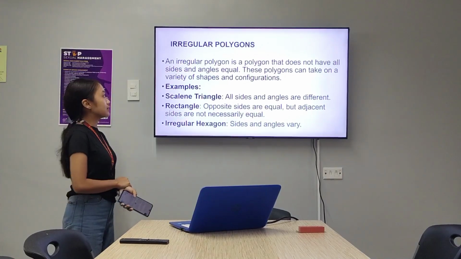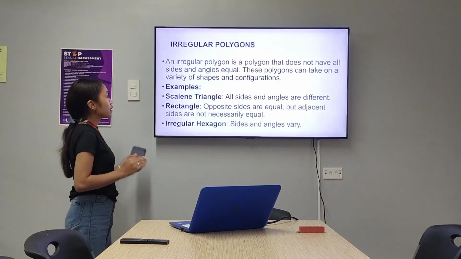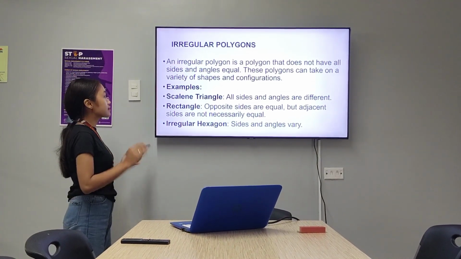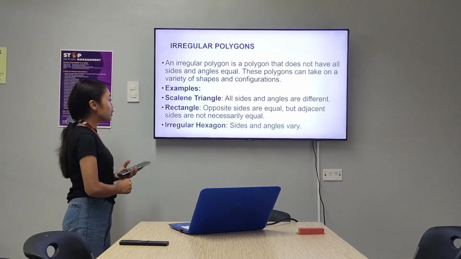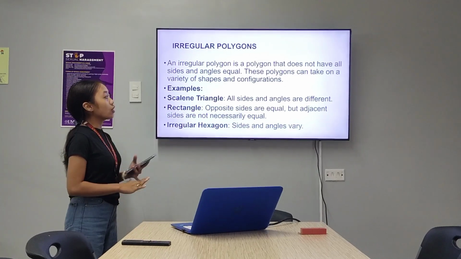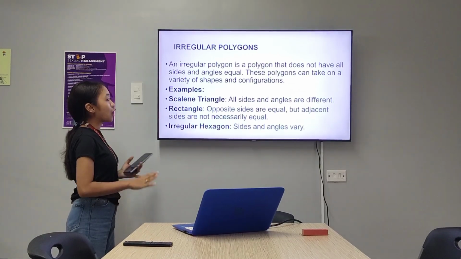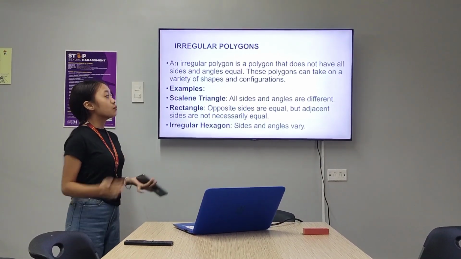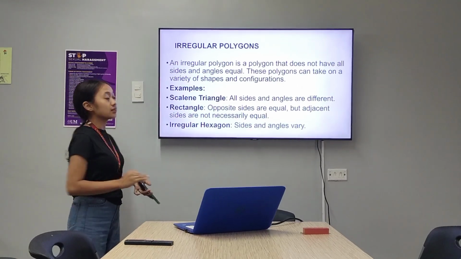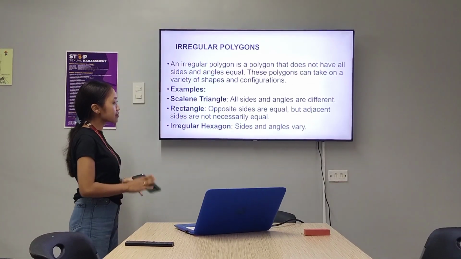These polygons can take on a variety of shapes and configurations. Examples are the scalene triangle, rectangle, and irregular hexagon. In a scalene triangle, all sides and angles are different. In a rectangle, opposite sides are equal, but adjacent sides are not necessarily equal. The last one is the irregular hexagon.